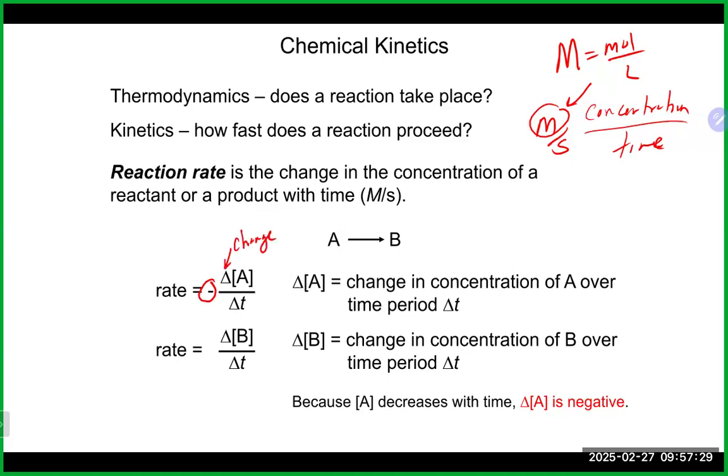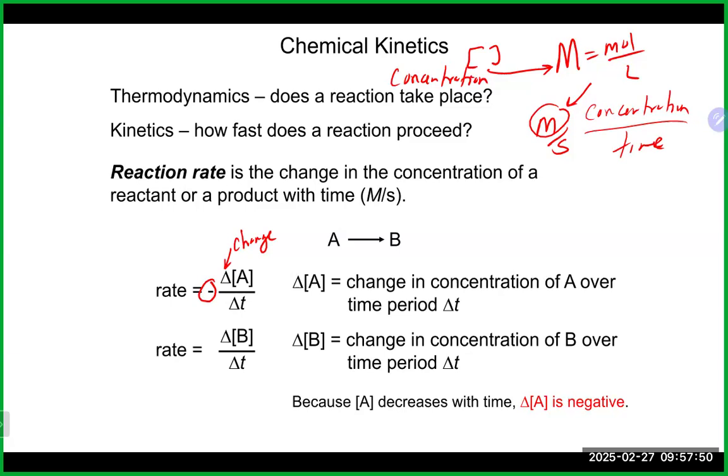And when we see those brackets, that means concentration, which is pretty much molarity. The change in concentration of A over the change in time. We could also write one for the product, where the rate is equal to the change in concentration of B over the change in time.